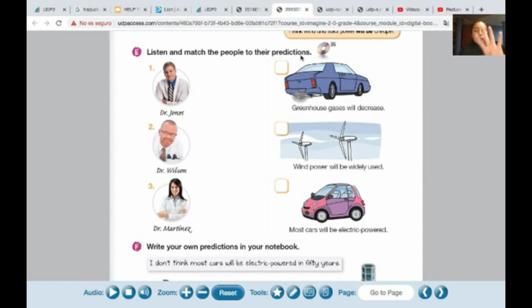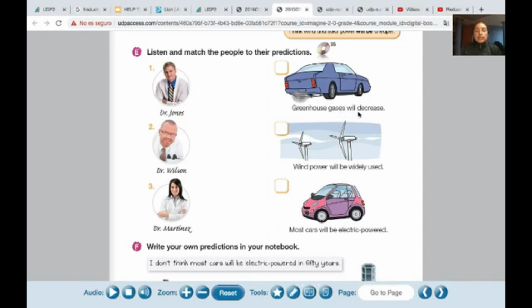You have 3 people and you have 3 predictions. You have to decide what is number 1, what is number 2, and what is number 3. Okay, listen to Dr. Jones, Dr. Wilson, Dr. Martinez. And you have to decide about what is correct.